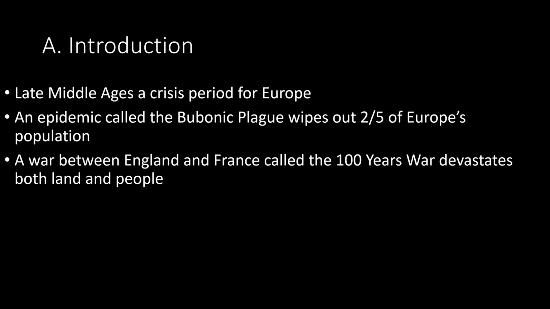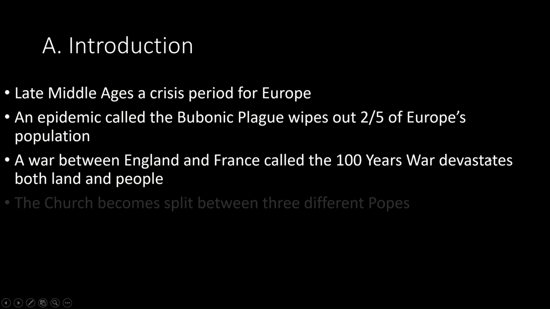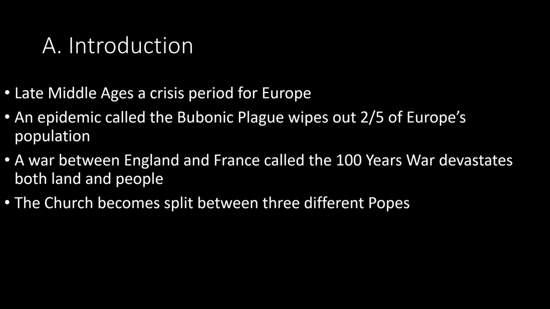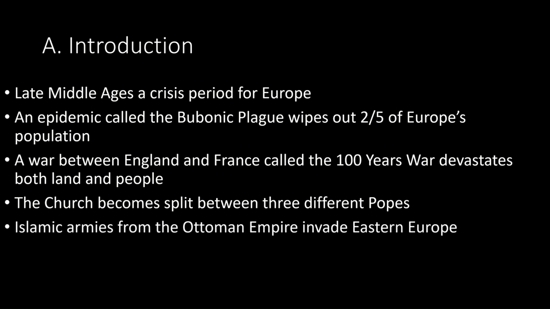And then finally, we're going to talk about something that may not make a lot of sense right now, but when we eventually get into religion and Christianity, we're going to talk about how the church gets split between three different popes. All three popes are saying that they are the right pope, the one true pope, the one true messenger of God. That's going to wreak havoc on religion.